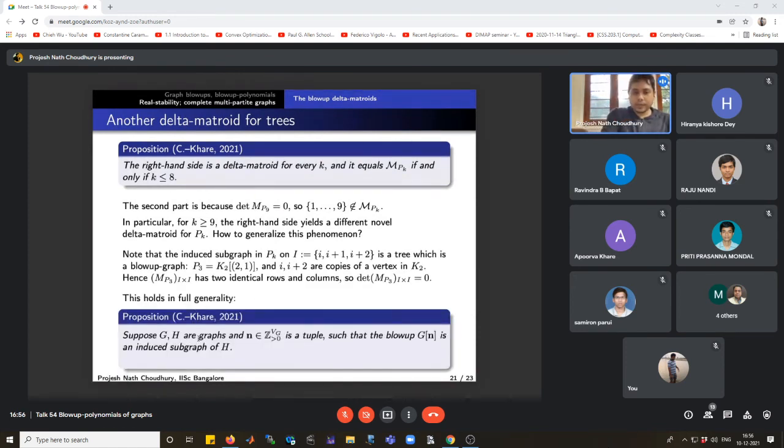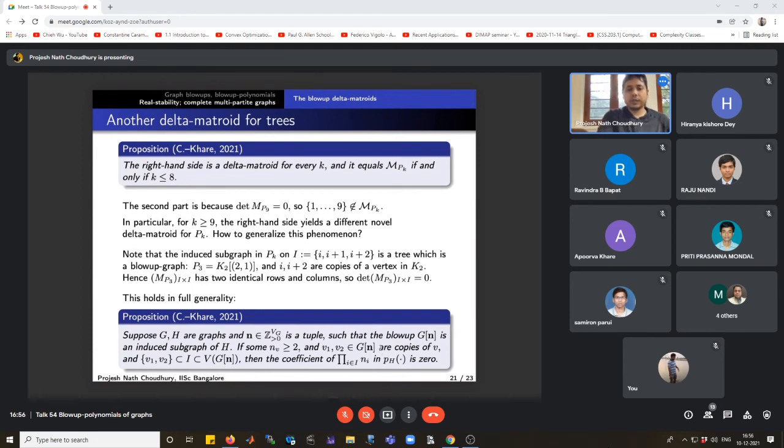Suppose H is a graph and n is a tuple of positive integers such that the block G bracket n is an induced subgraph of H, and B1 and B2 are vertices of G bracket n that are copies of the vertex B. And if this set is a subset of I, then the coefficient of this monomial in the original graph is 0.